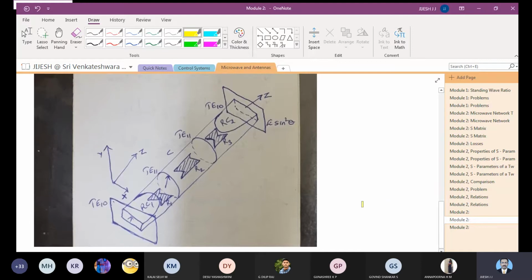So try to draw it properly. It's not difficult. Draw this portion, and then draw this one inside and take these lines further.